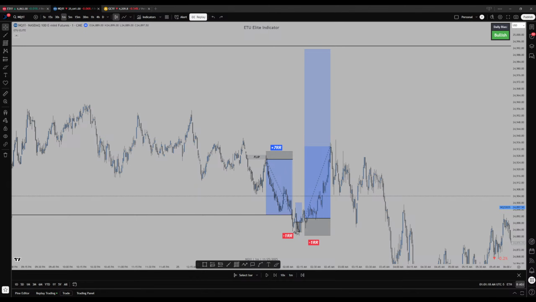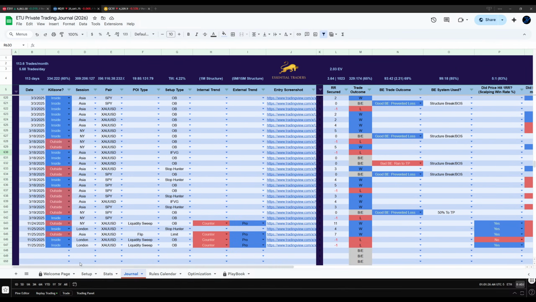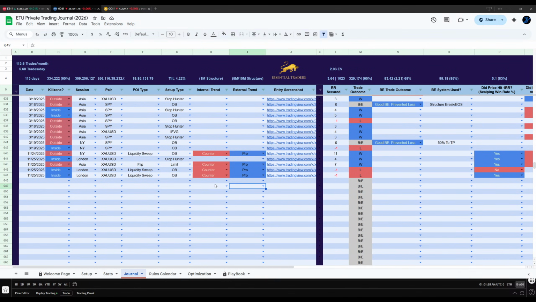But then it doesn't hurt to have columns there just in case you ever want to use them. So let's go back here. Also was able to fix, by the way, this column here. Now it's fine.